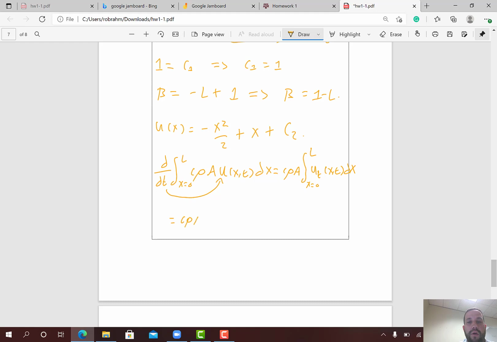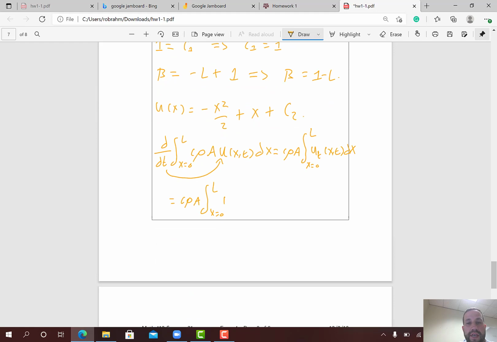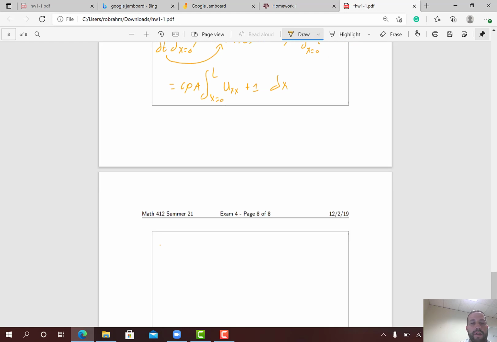This is C rho A. Okay, but now we're going to use the fact that we're assuming that u is a solution to the PDE, which means ut is equal to uxx plus 1. So this is uxx plus 1 dx. This is C rho A times the integral, I'm not going to write the integral anymore.